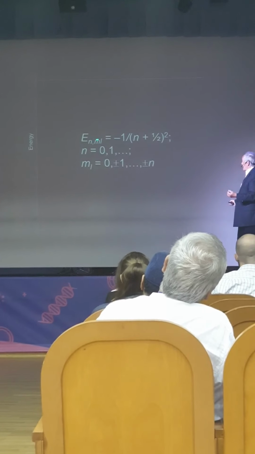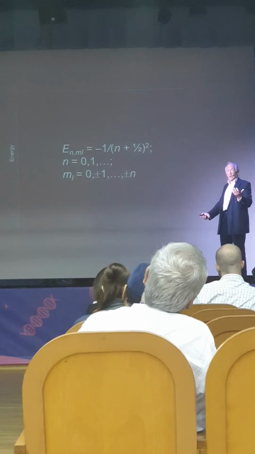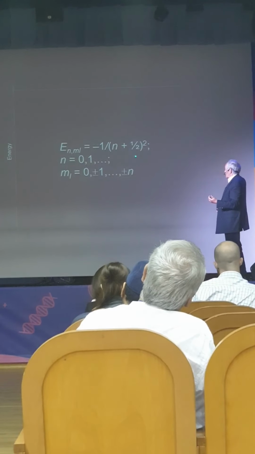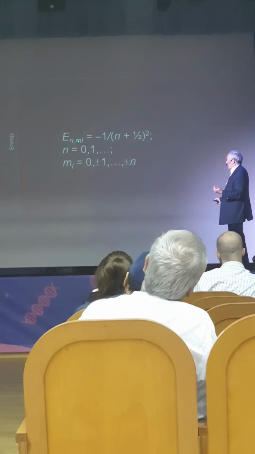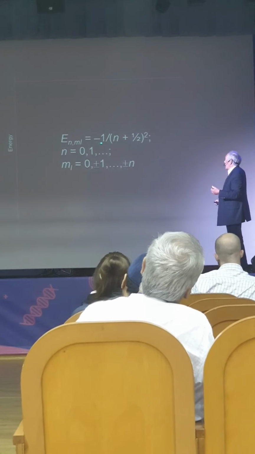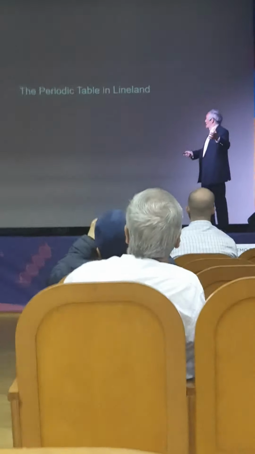They have a very simple form if you take the ordinary Coulomb potential and use it. They just have this dependence upon the 2 quantum numbers n and ml. And that is the expression that you get. So, without anything sophisticated about penetration and shielding and so on, out comes a periodic table.